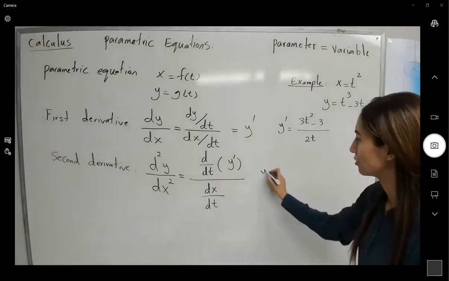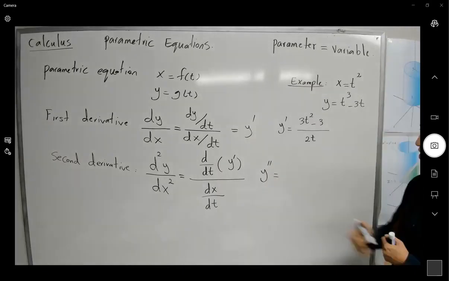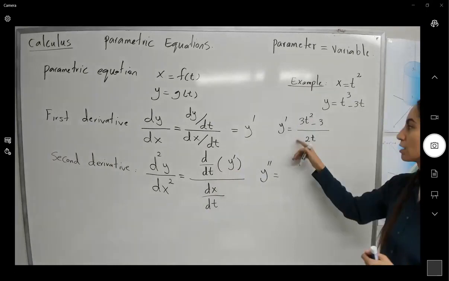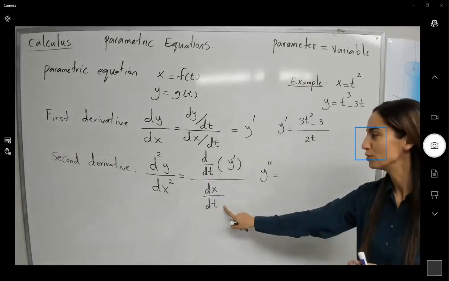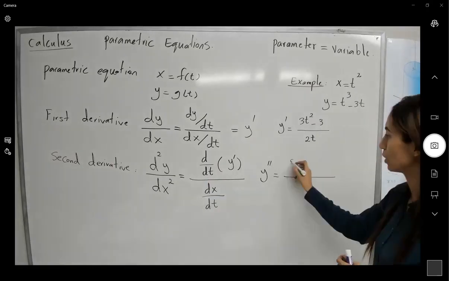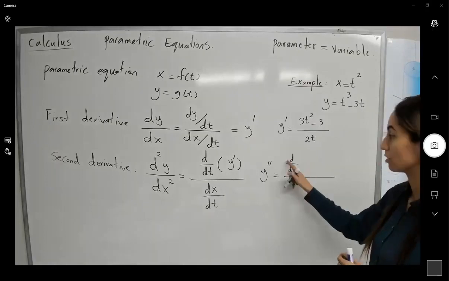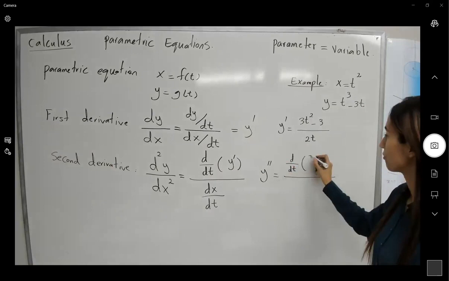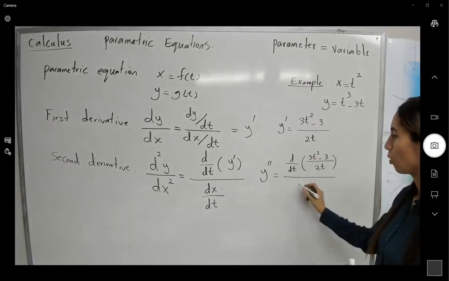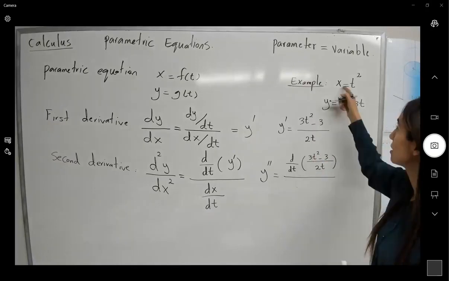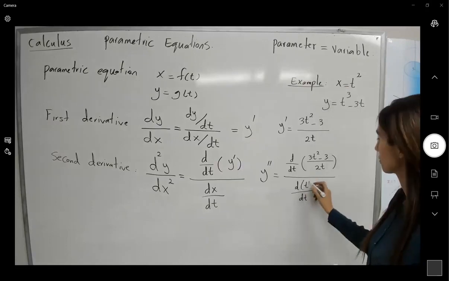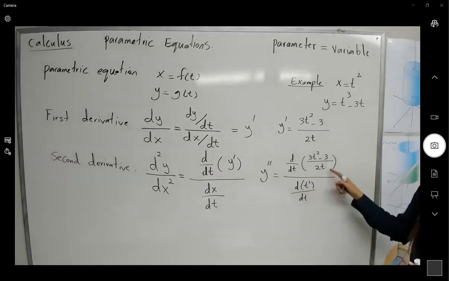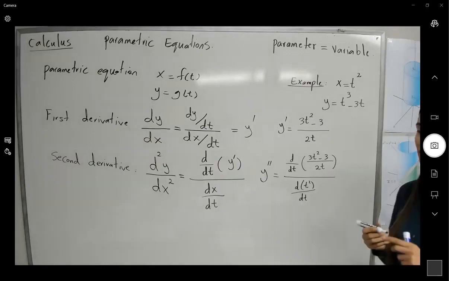The second derivative is equal to, we are taking the derivative of this quantity with respect to t and dividing it by the derivative of x with respect to t. So here you have d/dt, the derivative operator, of (3t squared minus 3) divided by 2t, over the derivative of x with respect to t, which is 2t. On the numerator, we have to apply the quotient rule.